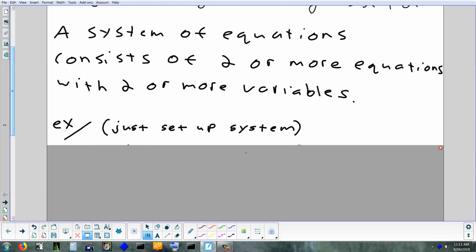All right, so our first example, we're just going to set up the system. We're not going to solve it. We'll come back to it, but I just want to set it up. Now, most of the equations that we use when we set something up, it's probably going to have two or three variables. In real life, when you're setting something up, like let's say you're trying to write a program to model the weather, I wouldn't even know where to start with something like that.